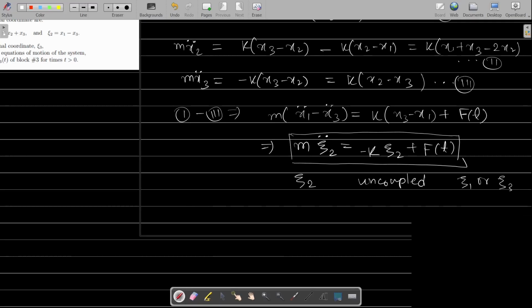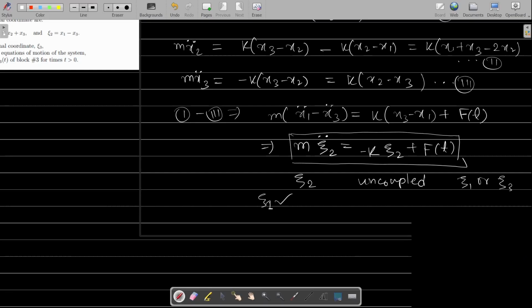We don't know exactly what psi3 is, but there's no psi3 or psi1 here, so this equation is uncoupled. As a result, psi2 is a normal coordinate.